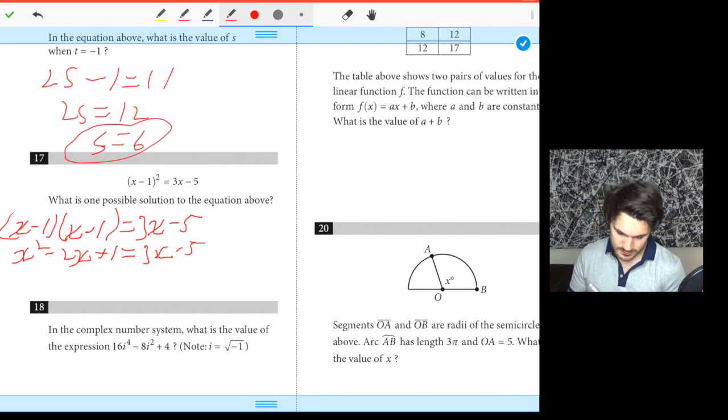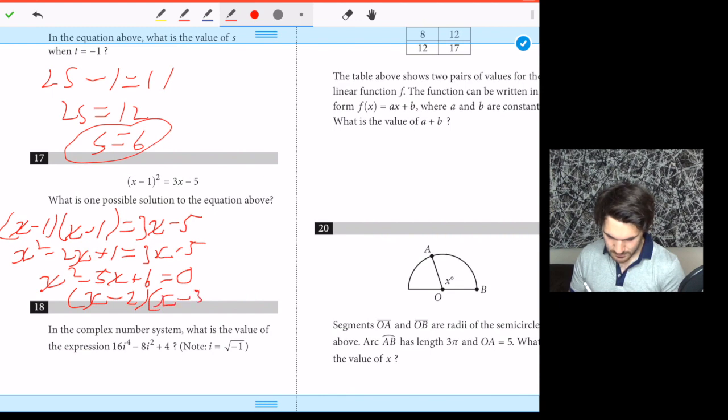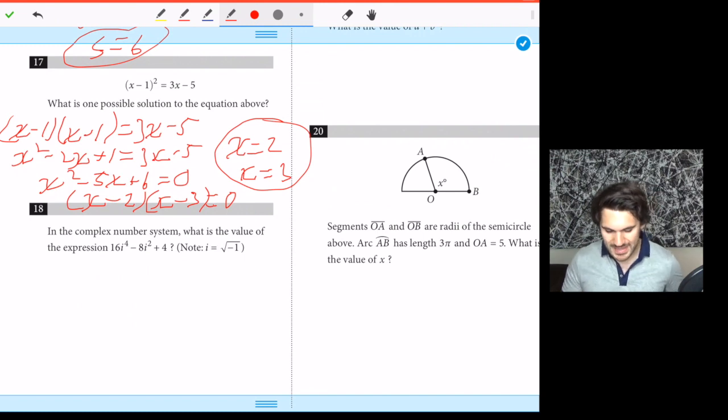Combine like terms: x squared minus 5x plus 6 equals 0. Now we can factor this out. (x - 2) times (x - 3) equals 0. So x equals 2 and x equals 3. Either one works.